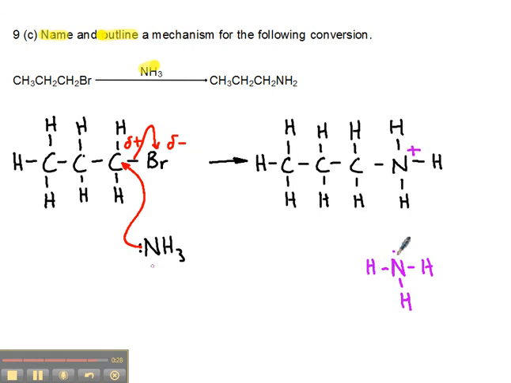Therefore, we can, in theory, remove one of these hydrogens here, that proton there. Remember, a proton is a hydrogen without its electron, so that electron has been left there, and that needs to stabilise this positive charge over here, so we can indicate that that electron has gone back to nitrogen to stabilise that charge there.